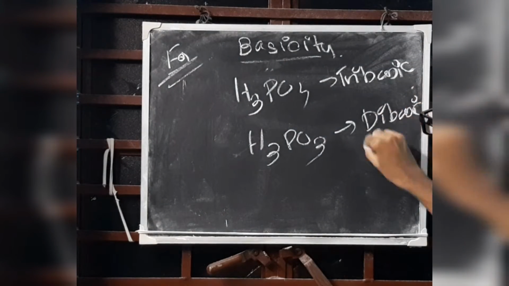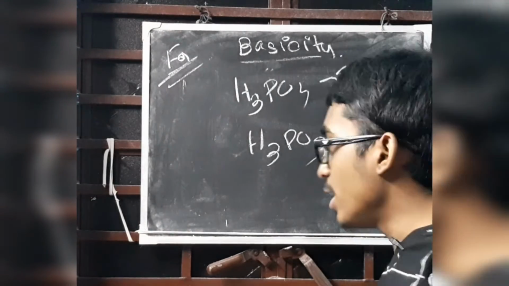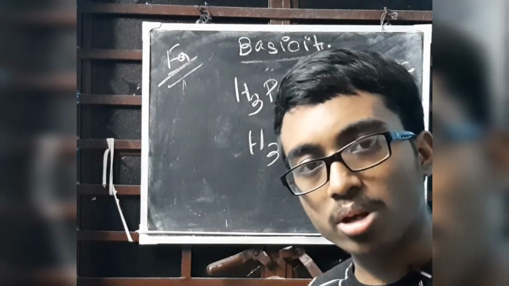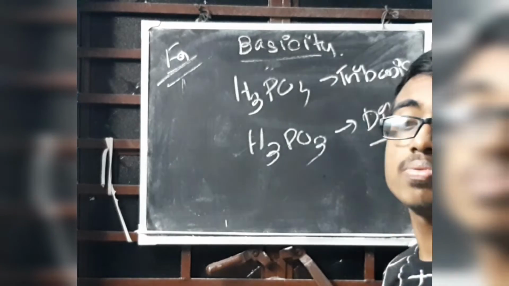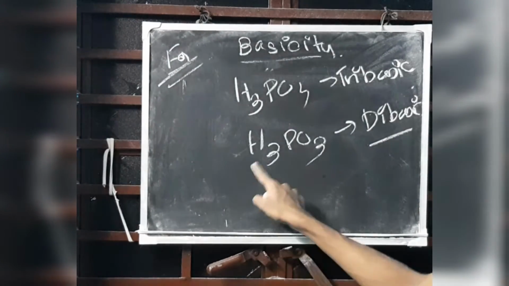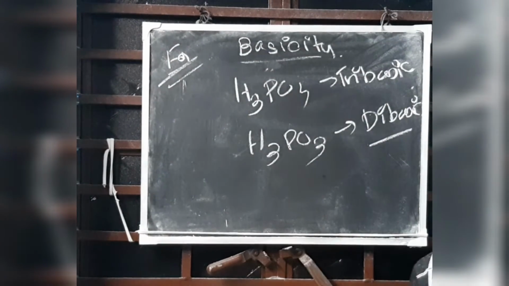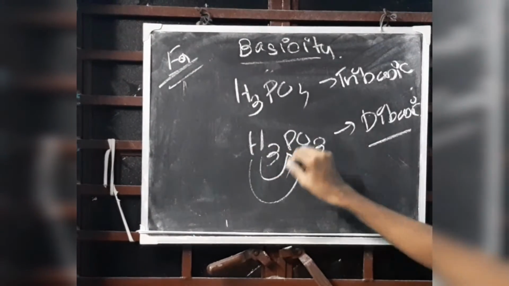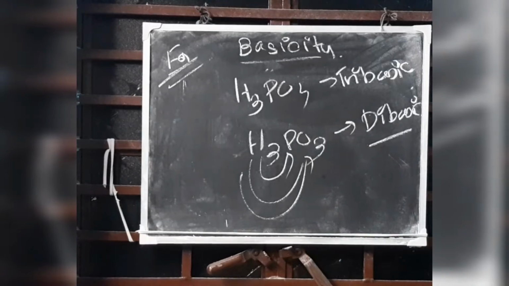The reason is very simple. H bonded to O is fine: the bond energy is less, so it is easily broken. The P-H bond is very strong. One hydrogen is bonded to phosphorus and that cannot be removed; the remaining two are bonded to oxygen and can be removed easily.